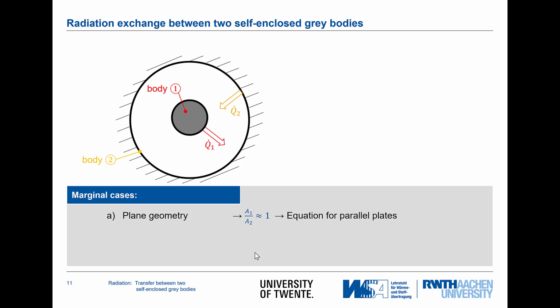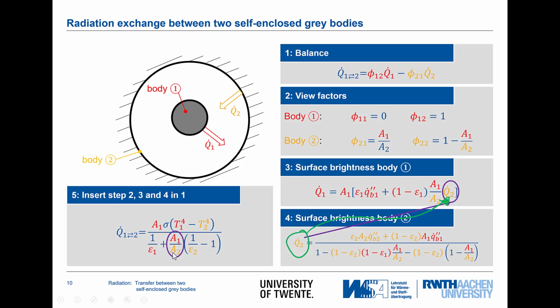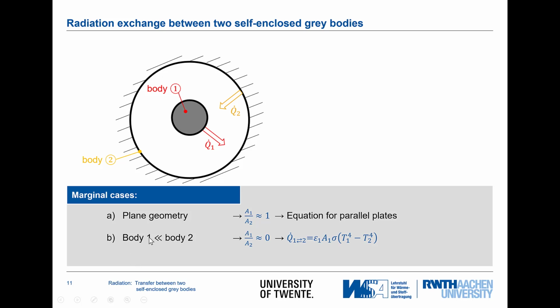So we do just some limit cases. For example, if we have A1 to A2 about 1, which would be the plane geometry. Well, let's go back here one. Then this goes away and the equation is the one that we have received for flat plates. If body 1 is much smaller than body 2, then this area ratio becomes 0.